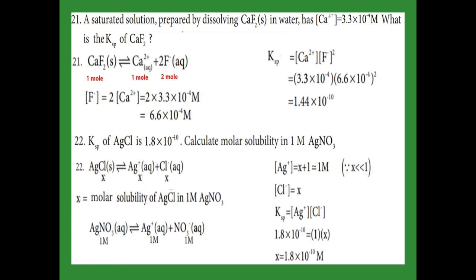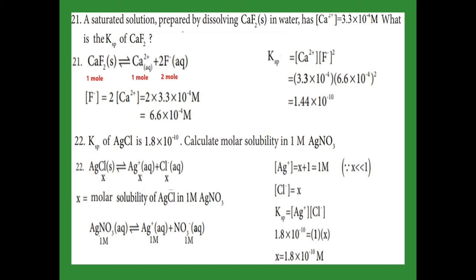Then silver nitrate splits as Ag plus and NO3 minus. Here the silver nitrate molarity is given as 1 molarity. So Ag plus is 1 mole, so 1 molarity, and NO3 minus is also 1 mole, so 1 molarity. Then we compare these two equations.